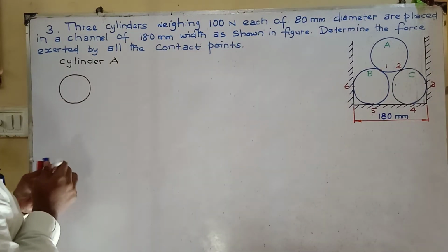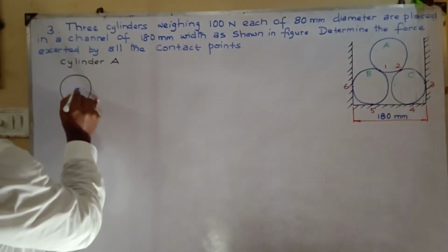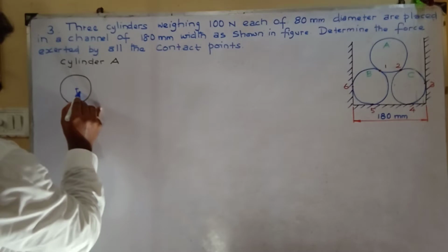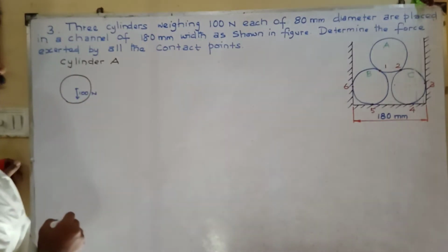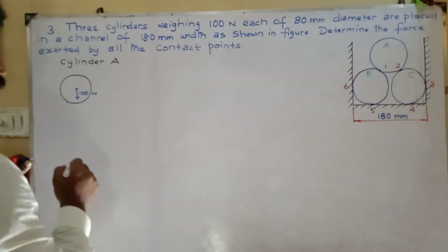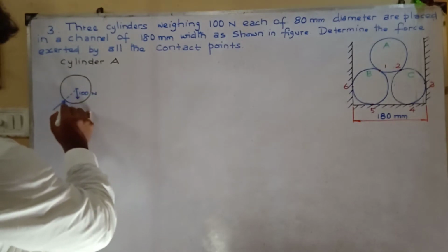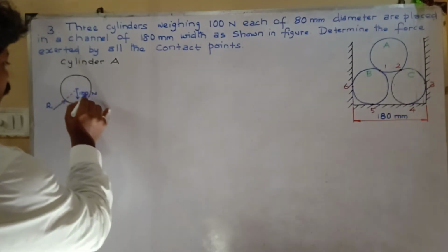The weight of the cylinder is 100 Newton, and the reaction at point 1 is R1, reaction at point 2 is R2.